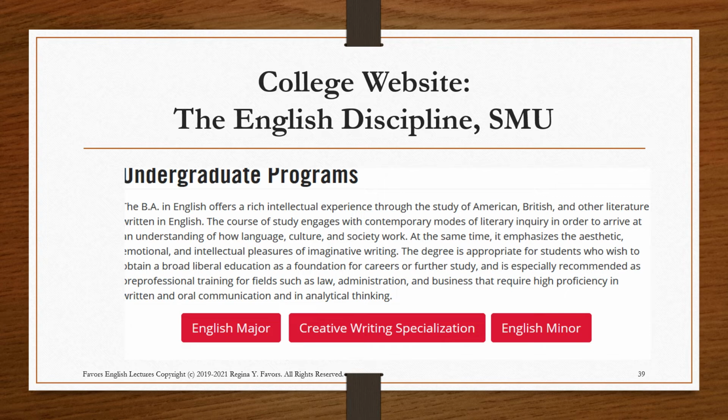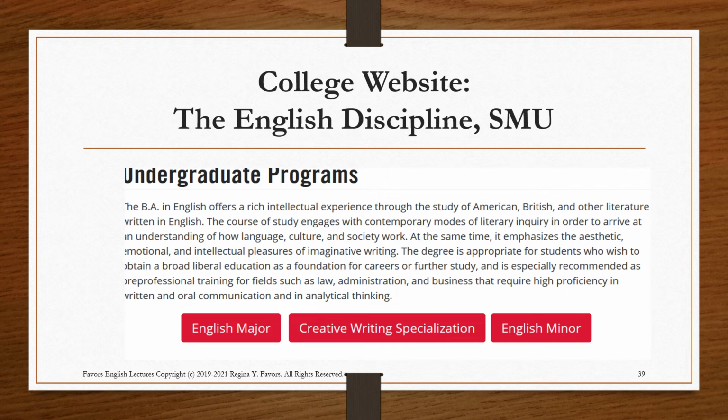And those careers might lead to law, administration, and business that require high proficiency in written and oral communication and in analytical thinking. And this is something that we kind of gloss over, because until I created this PowerPoint lecture, I didn't really pay attention to it myself.